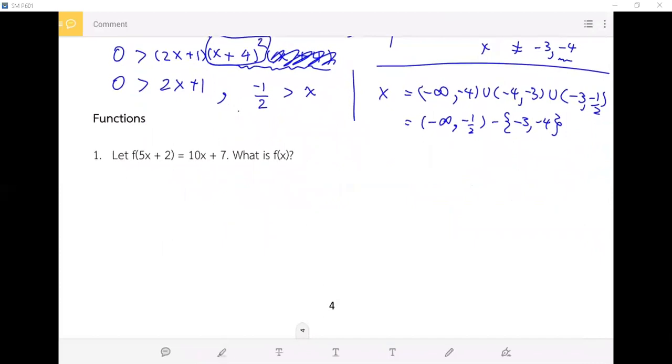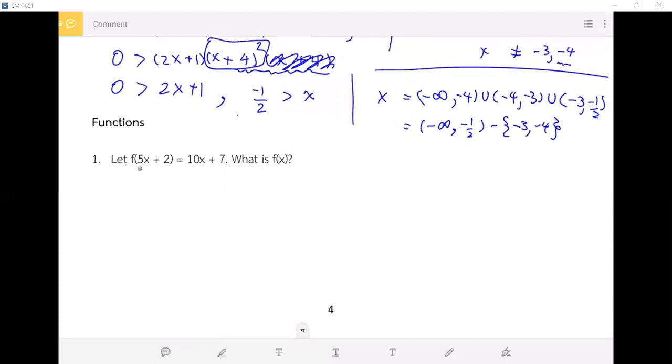Next, it's going to be a function now. This one, right? I asked you to find f(x) when I give you something like this. Quite easy, right? So you can just set this one to be... no, not 0, I'm sorry. You want to get f(x), so you can assume this one to be a.